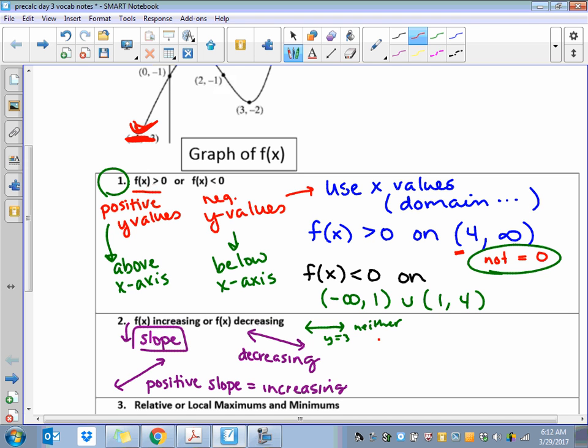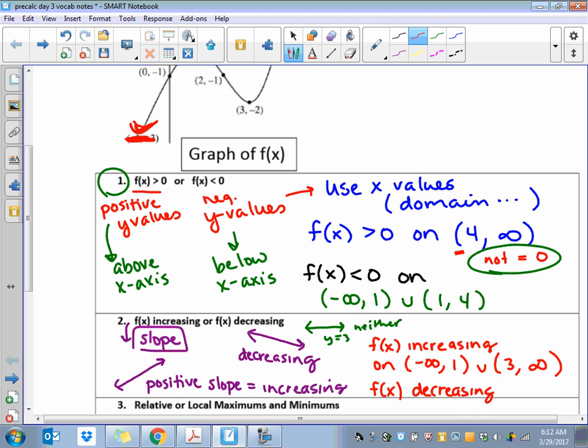We don't ever have a level part, or they may be increasing or decreasing all the time. I would say this function is increasing on the interval from negative infinity to 1, and then from 3 to infinity. And then we're decreasing on the interval from 1 to 3.